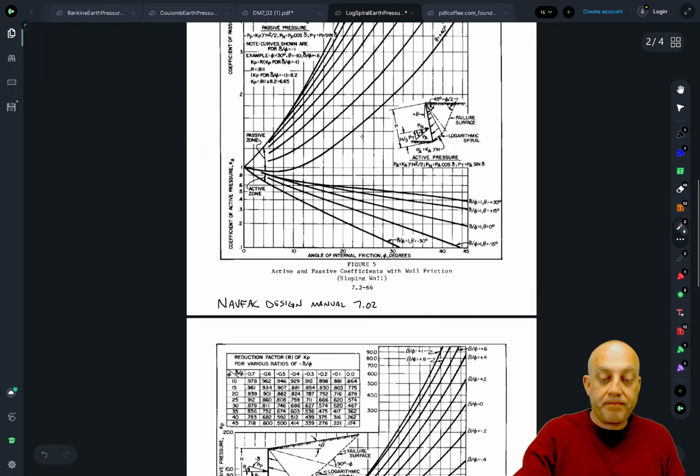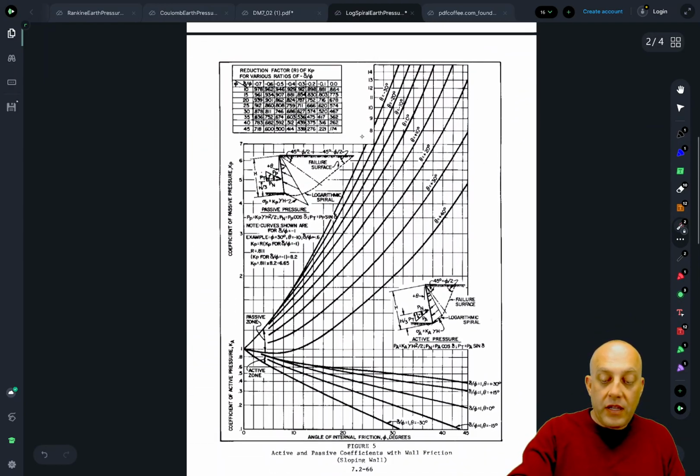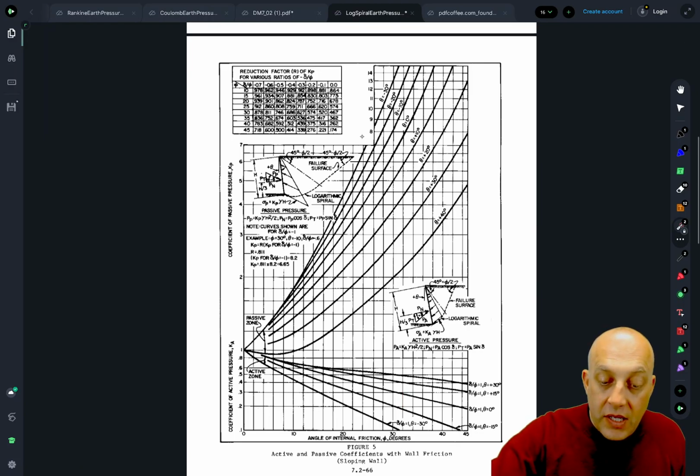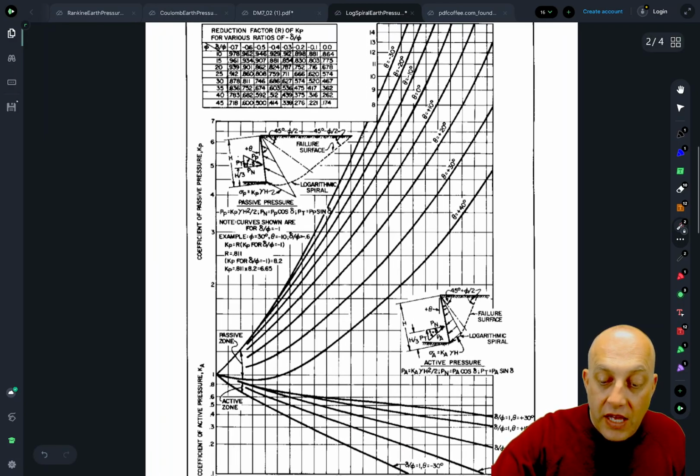So the way that you would use this is the x-axis is internal friction angle. So it goes all the way from 0 up to 45 degrees, which should cover us for the range of friction angles that we'll commonly use in design. Common number might be 30 degrees or 32 degrees or something like that. Then, okay, they're using theta here.